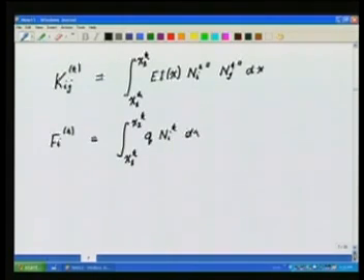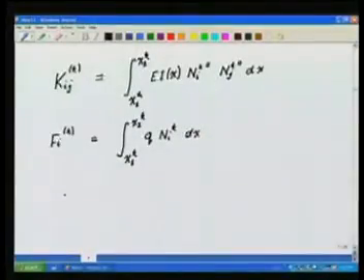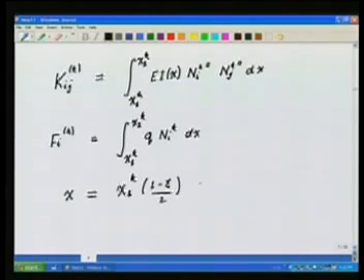Now the question is that we have done everything at the master element level. So how do I convert everything to the master element level? Again, we are going to put the transformation x equal to x1k times (1 minus psi) by 2 plus x2k times (1 plus psi) by 2.